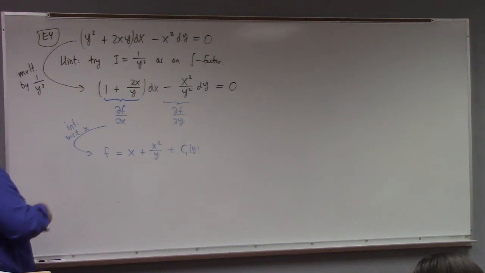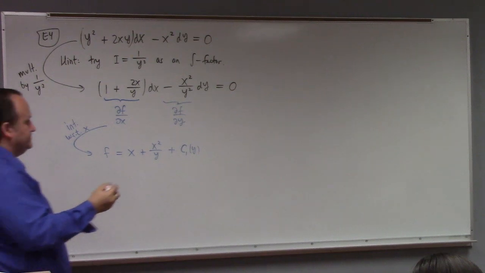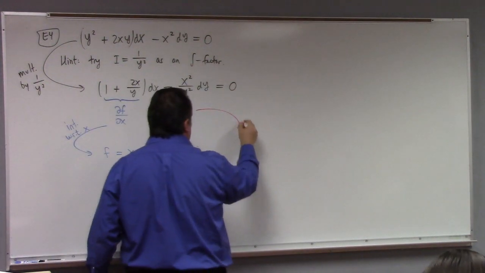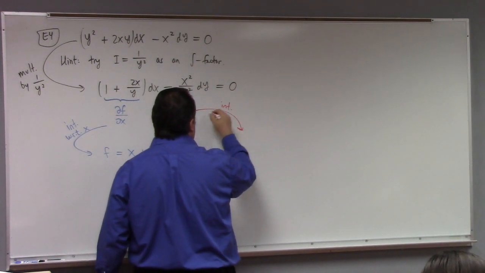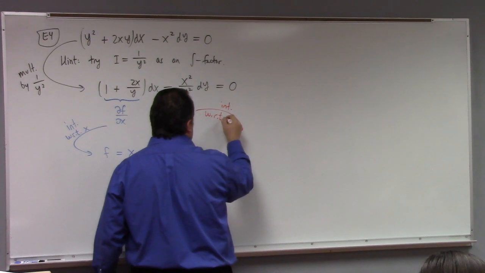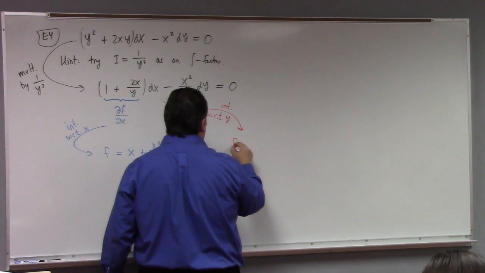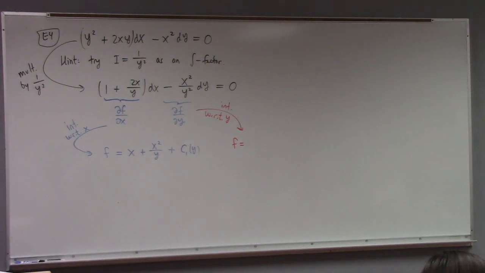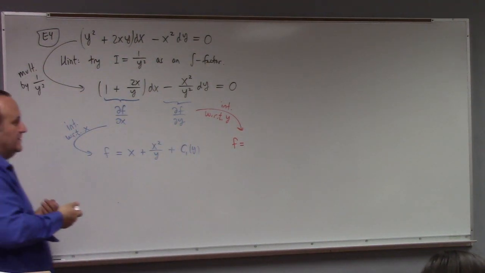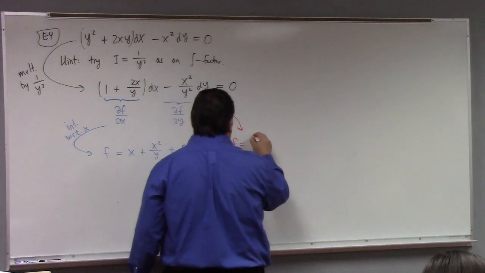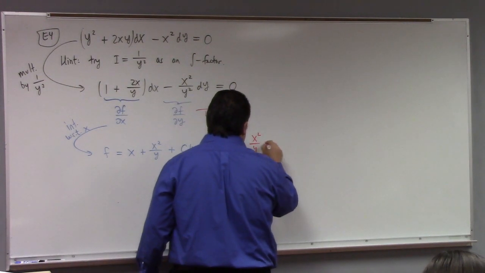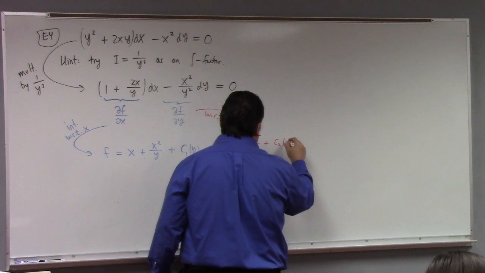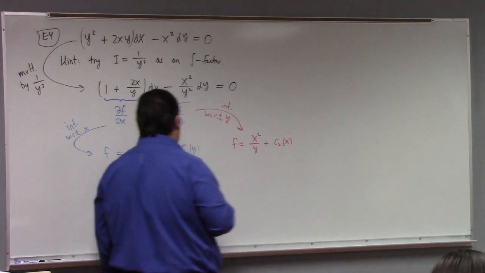On the flip side, what happens if I integrate with respect to y? What's the integral of 1 over y squared? It is minus 1 over y, but there's a minus there, so that integral is literally x squared over y. And then I get some constant in x.